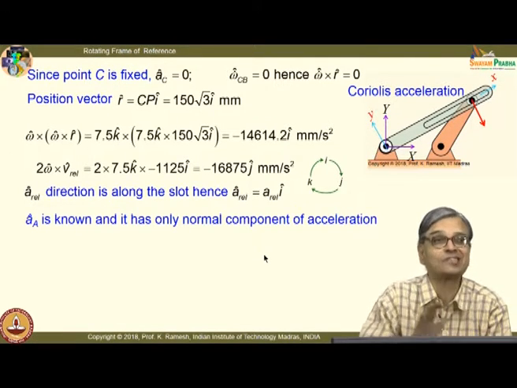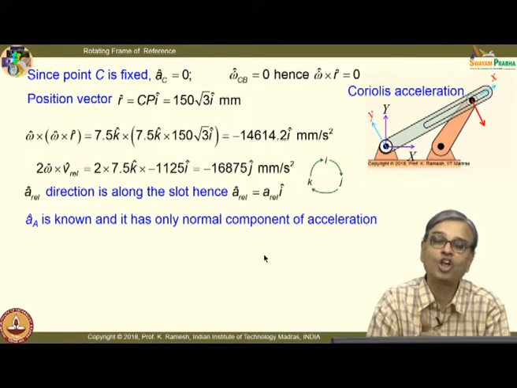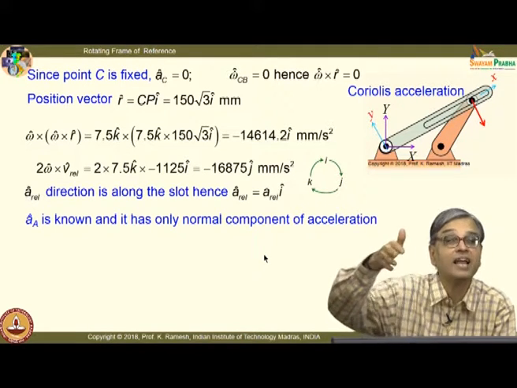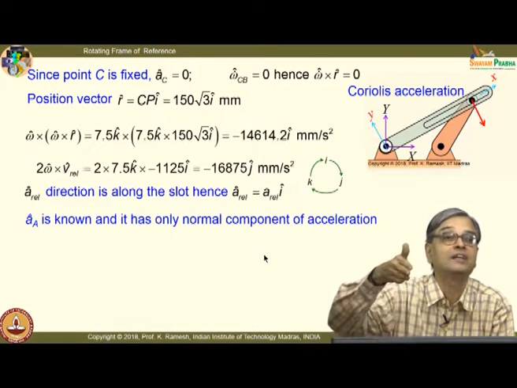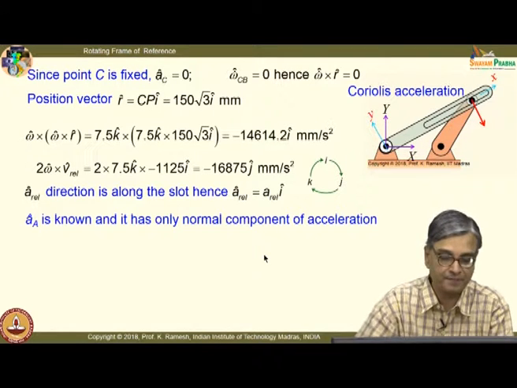Because the slot is straight, it turns out to be a simple expression along the slot. Okay. If the slot is curved, then I have to go to n and t coordinates and find out what is the acceleration. It will have both the components, normal and tangential component. Okay.